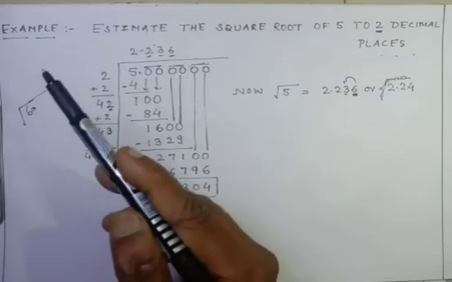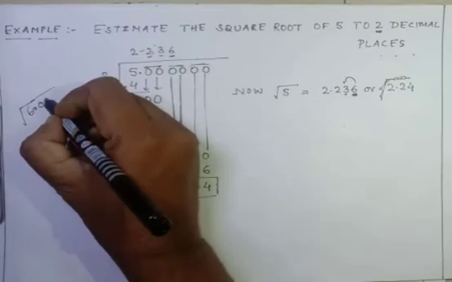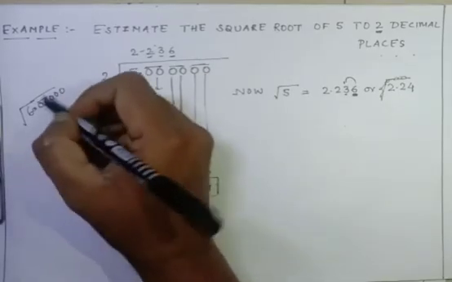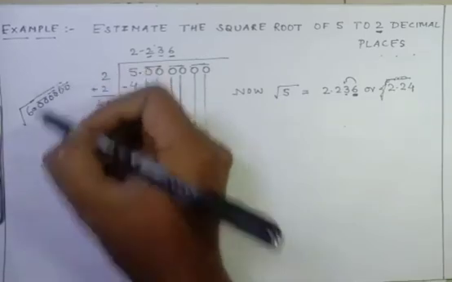And how we are going to find 3 decimal places? By placing 6 zeros over here. 2 zeros form a pair, 2 zeros form a pair, and 2 zeros form a pair.